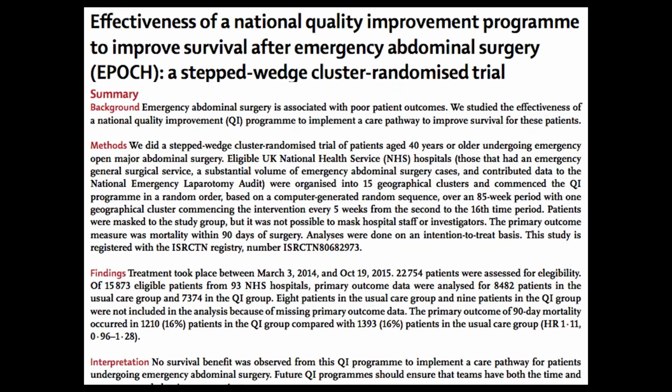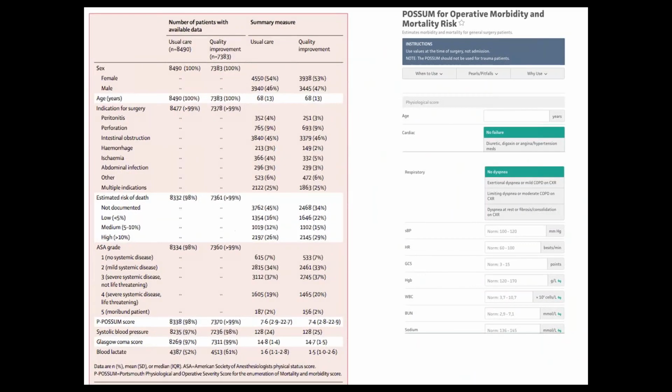And these courageous surgeons in the UK did a randomized trial to see if their quality improvement initiatives for surgeons make any difference. And they randomized patients that came to emergency rooms that required major abdominal surgery. And half the surgeons followed the quality improvement programs to the letter, and the other half of the surgeons did what they thought was right.